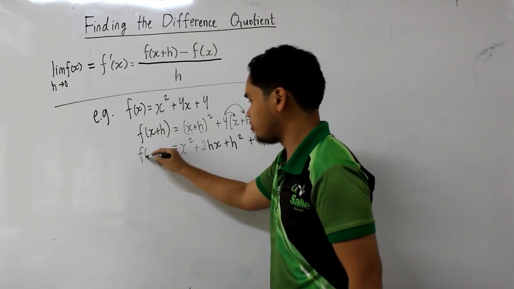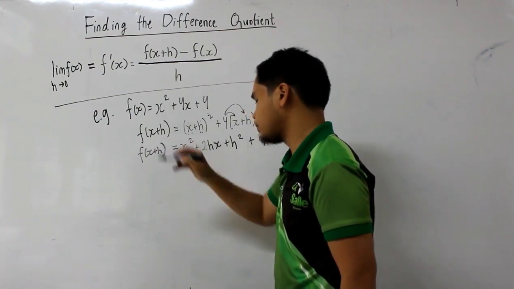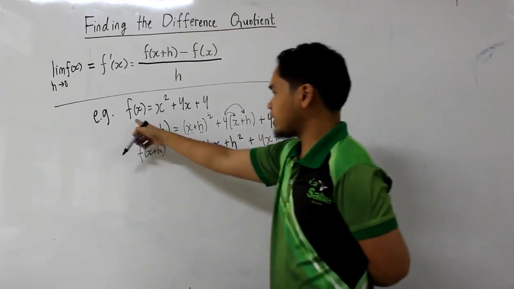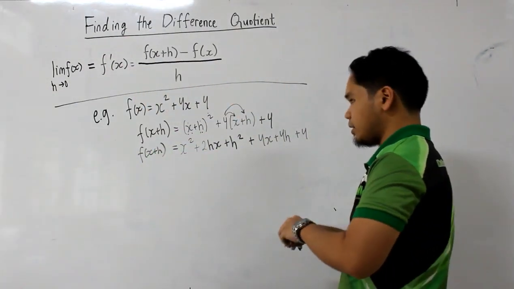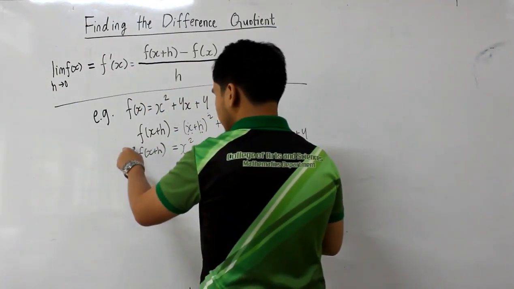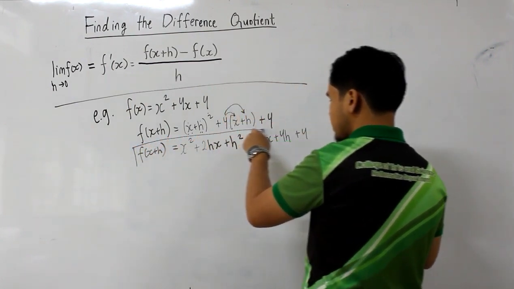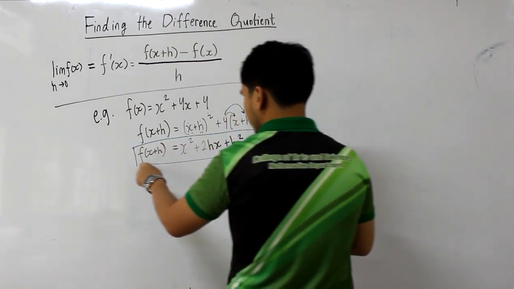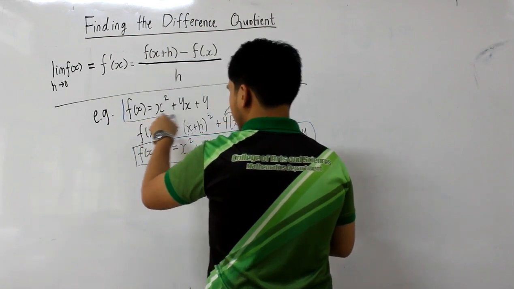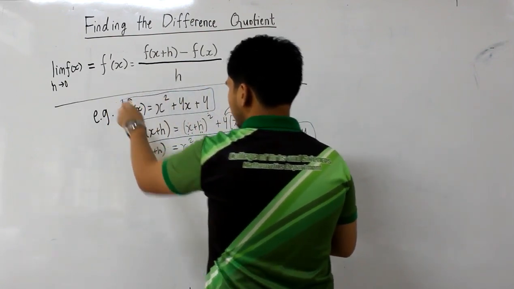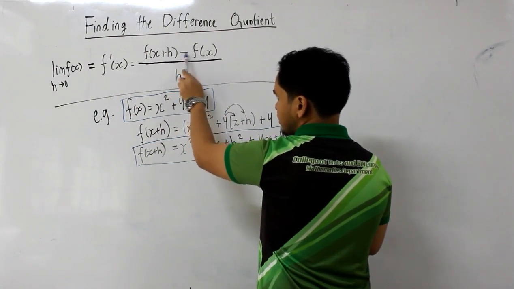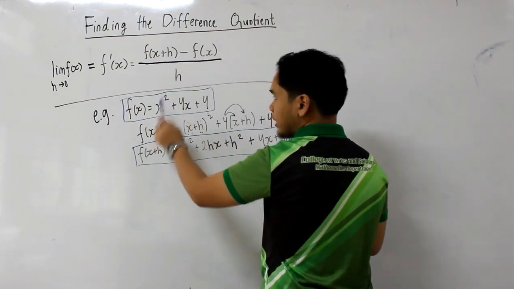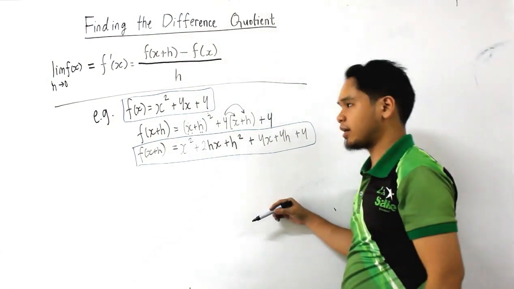This is our f of x. Notice our f of x is this one. So how can we make things better here? This f of x plus h and this f of x of ours, we will substitute this one in this form minus this f of x in this form, all over a denominator of h.